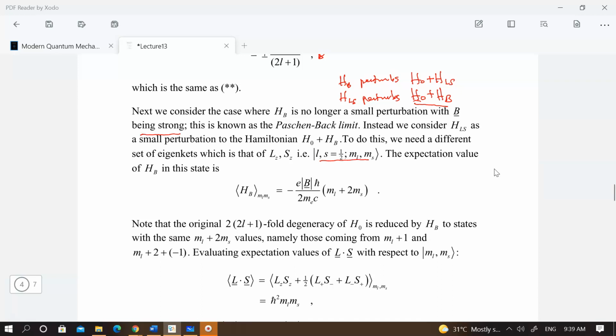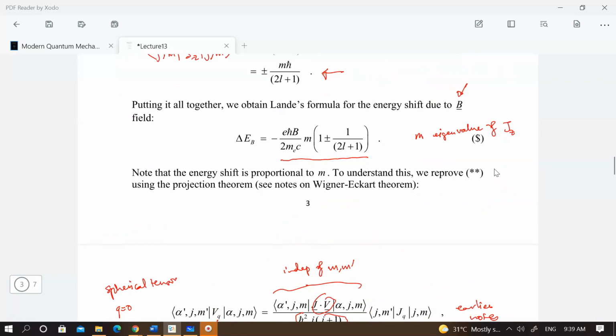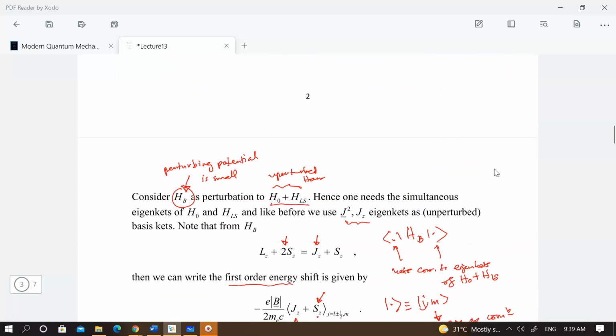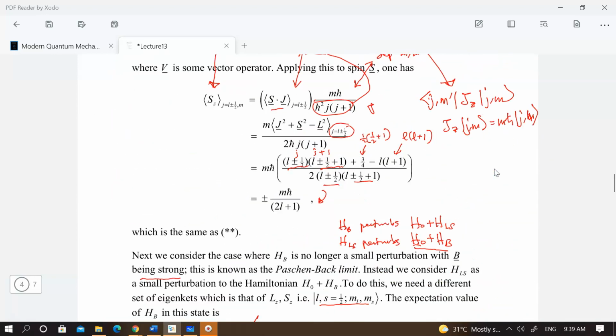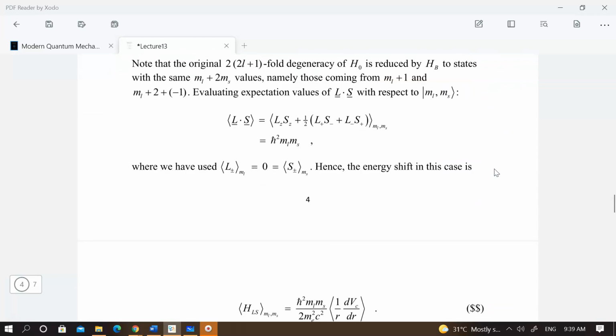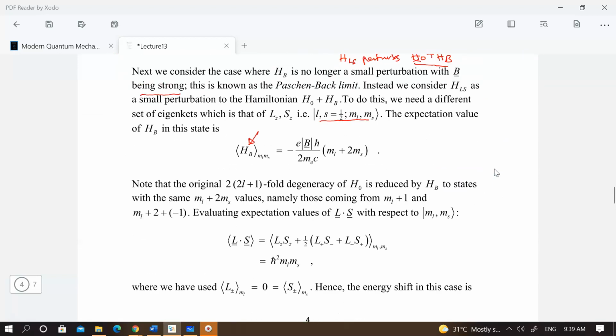Once you do that, you can evaluate your HB. Remember your HB is given by that. If I have the uncoupled case, I know how to evaluate this. That gives you your ML, remember that this is LZ plus 2SZ, so that will be your ML h bar here, and then 2 MS h bar here.